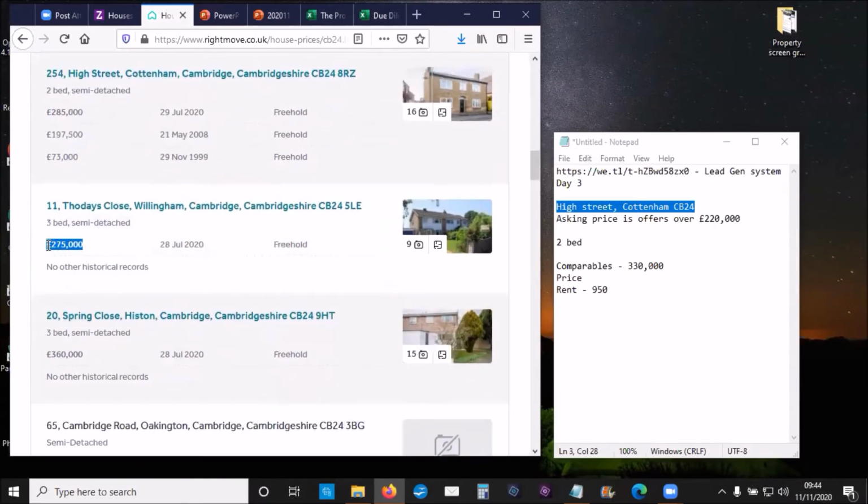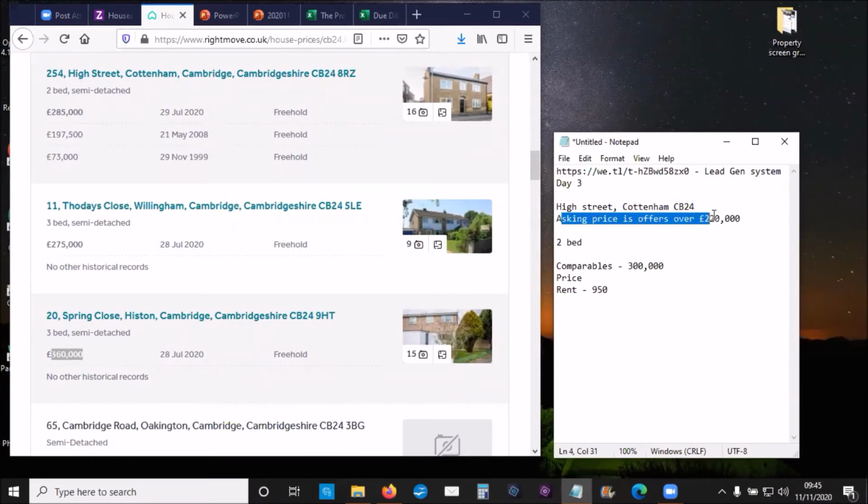There's even a 275 here. So I am going to say that the comparables are probably going to be around the 300,000 mark. I don't think it's a low-end valuation. I think at 300,000 pounds, it's going to work out fine.